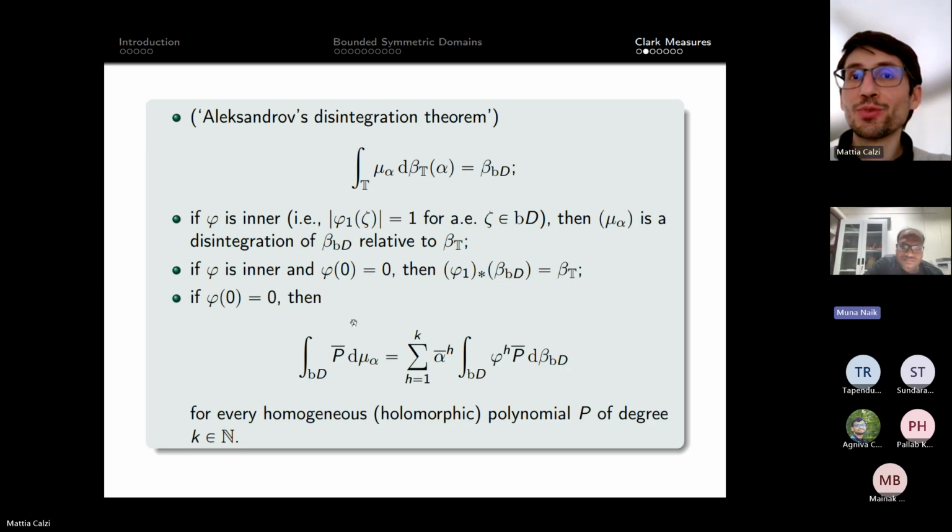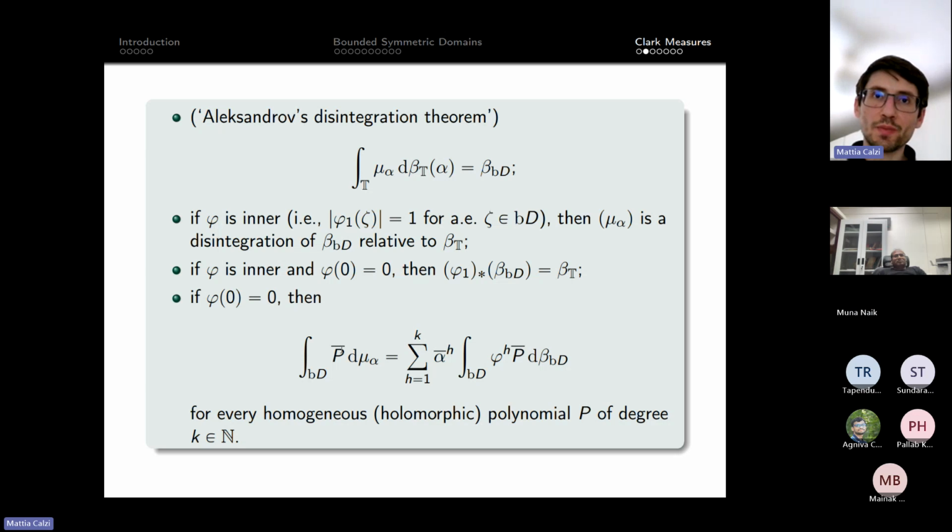Well, the Fourier coefficients may be reconstructed partially here, because taking a Fourier coefficient means that you take, say in the bidisc, z to the k and z to the h, where h and k are integers, not necessarily positive.